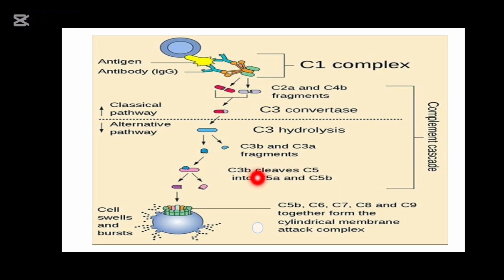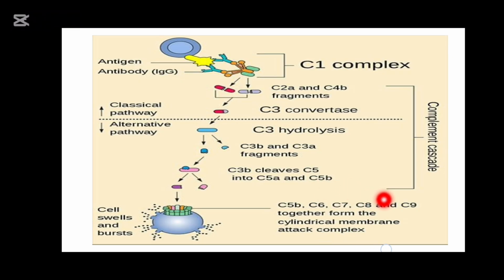And then C3b cleaves C5 into C5a and C5b. Whenever we add letters, we have just cleaved this particular protein. Now the C5b that has been formed is going to combine with C6, C7, C8, and C9.